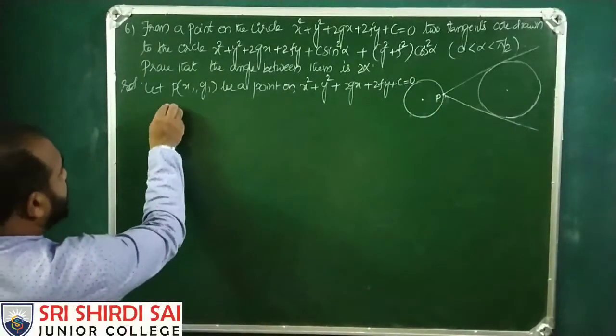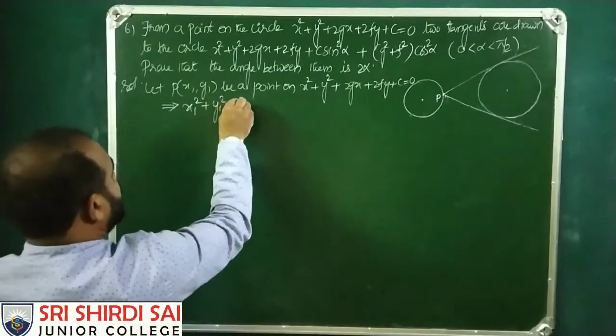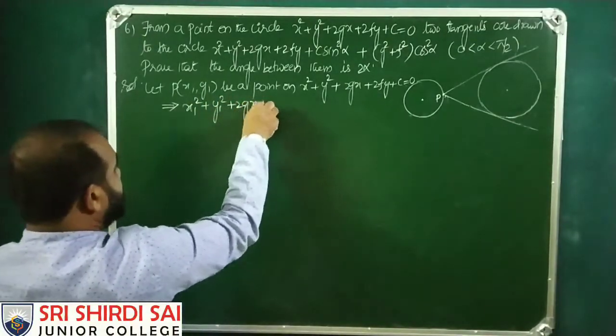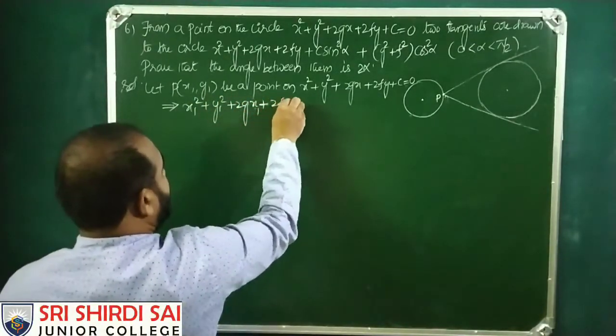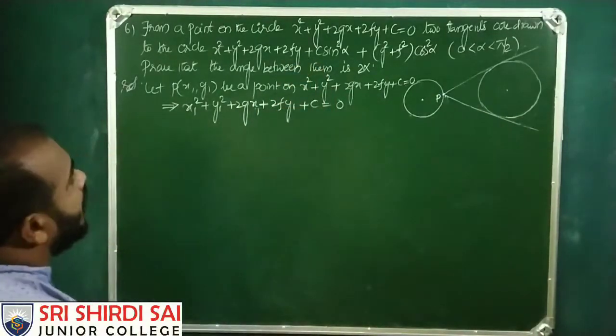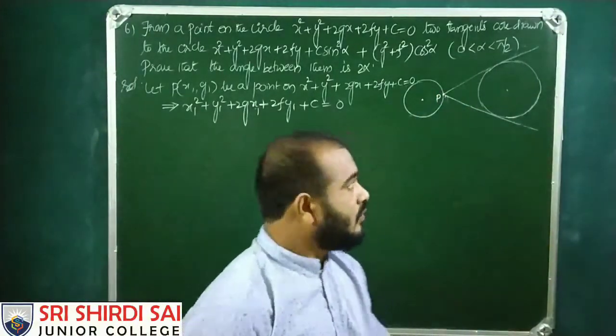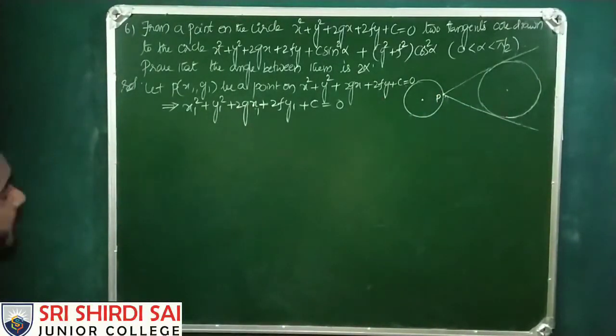So implies x1 square plus y1 square plus 2gx1 plus 2fy1 plus c equals to 0. Now from an external point, two tangents are drawn. So then what is tan theta by 2?